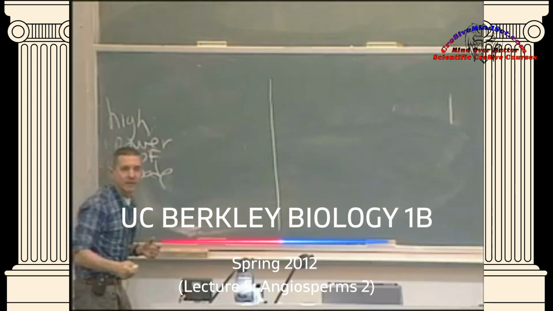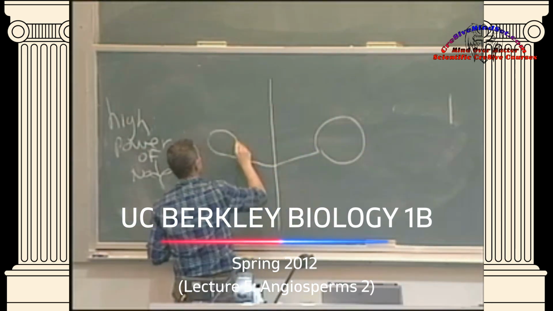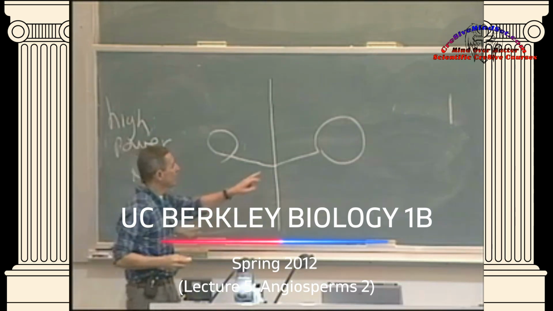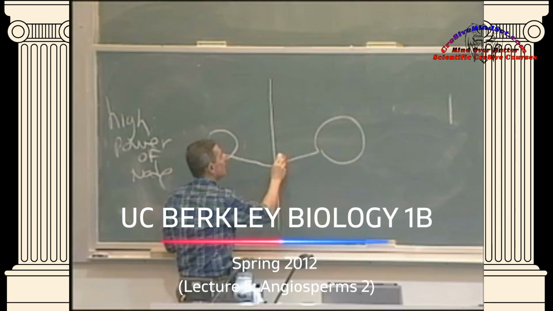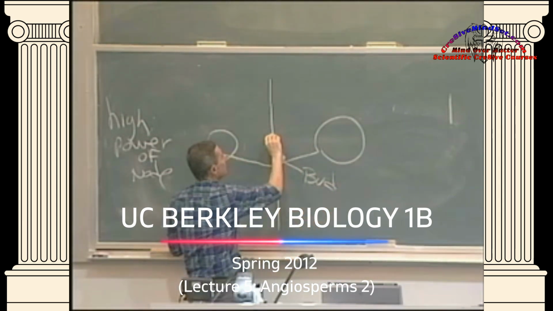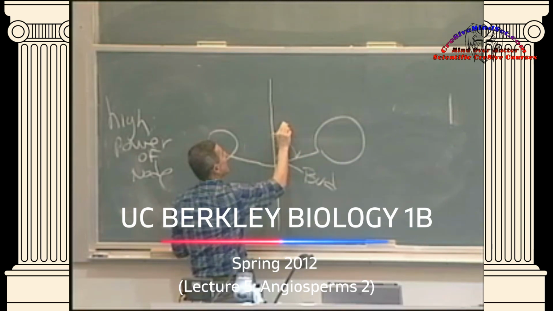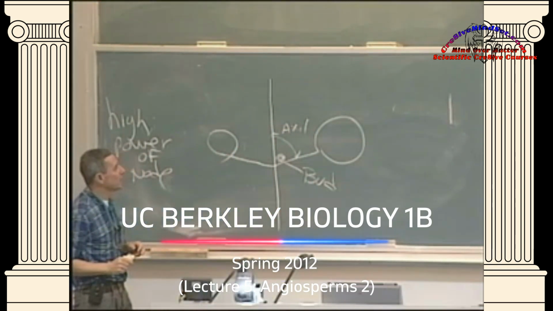And if we look carefully at the high power of the node, what we find in the node between the petiole and the stem is we find a bud. This region is called an axil. An axil, the region between the petiole and the stem.